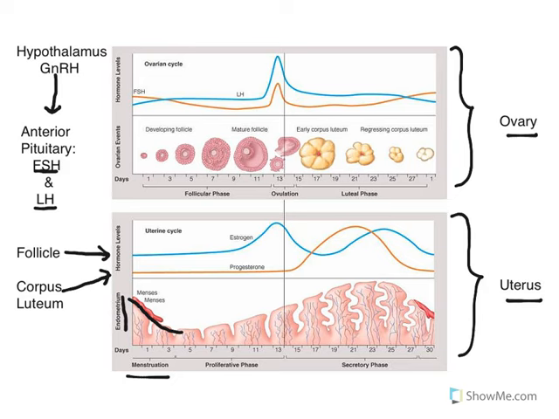FSH, follicle stimulating hormone, released from the pituitary, will affect the development of one follicle in the ovary. That follicle will grow, and inside, an oogonial cell will pass through the first phase of meiosis and become a secondary oocyte.